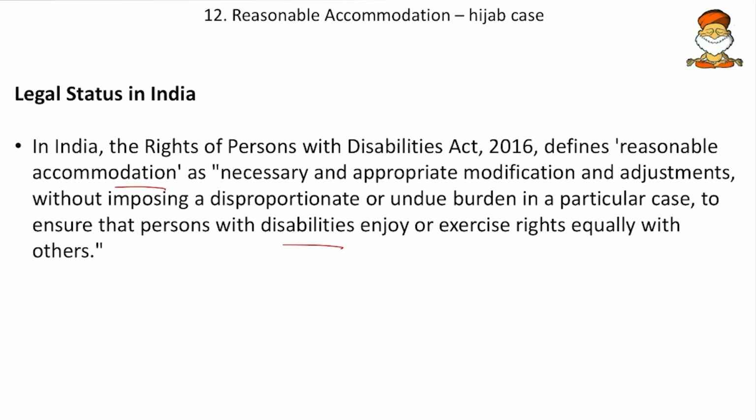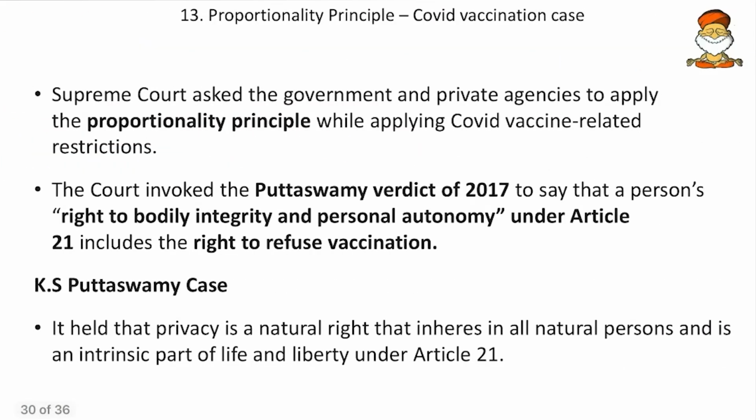So in crude terms, unless and until there is any reasonable hardship, we should encourage persons with disabilities to enjoy their way of life. And this was applied to the hijab case here. So for us, remember the reasonable accommodation, and also that it is present in the Rights of Persons with Disabilities Act. That is more than sufficient for us.